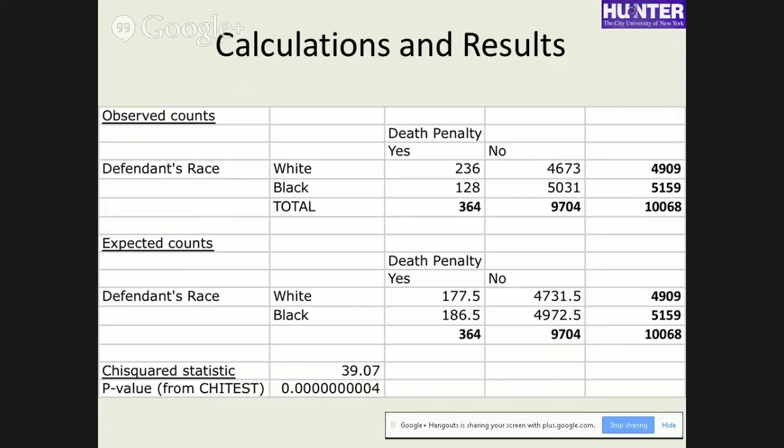So as you were able to see just from the first page, independence is clearly not reasonable. It's not reasonable that these variables came from independent variables, or that this sample came from independent variables. So we reject the null hypothesis.